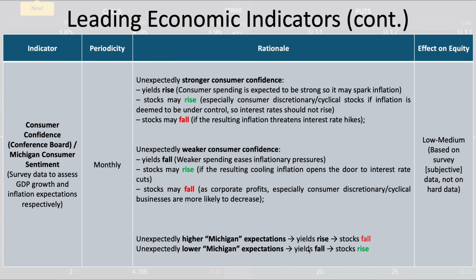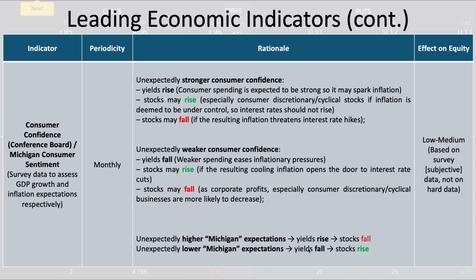When it comes to the Michigan expectations, which is also a consumer confidence reading, it's very similar. But because the Michigan survey is focused on expectations for inflation, not on consumer confidence, it is very much straightforward.